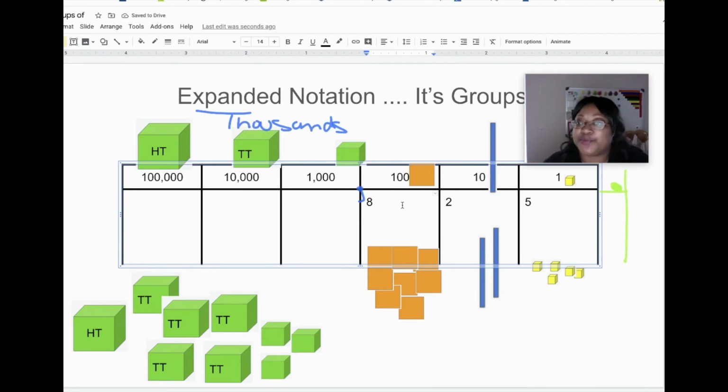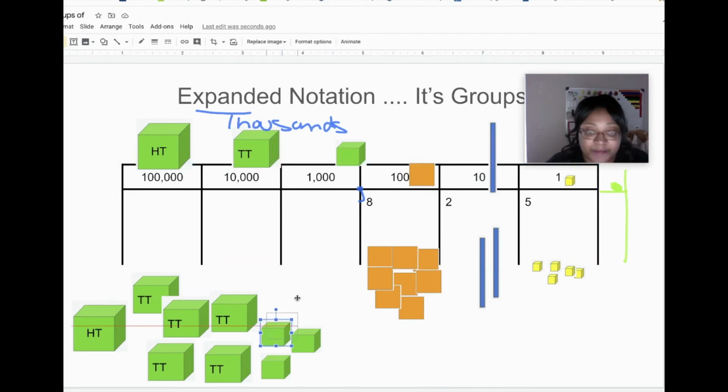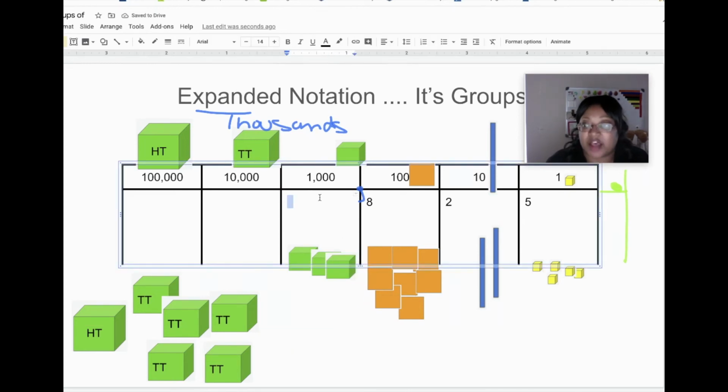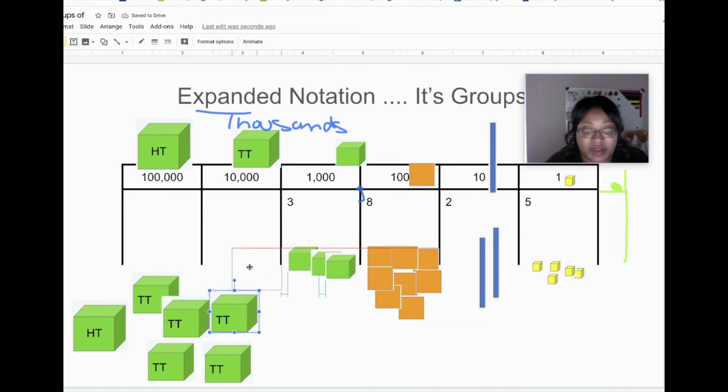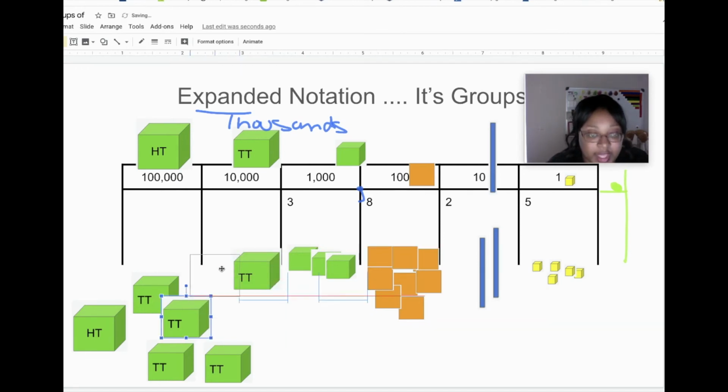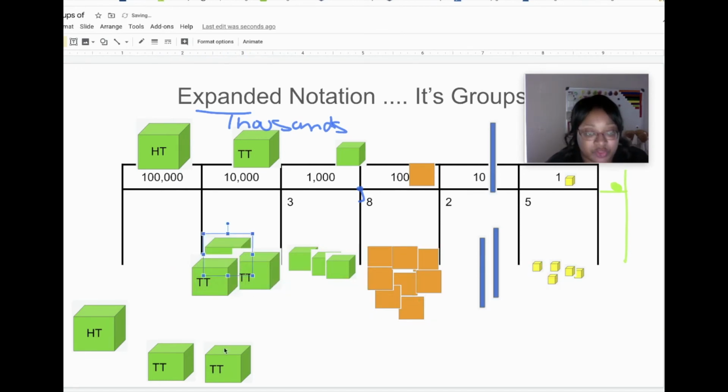Now, how many groups of 1,000 do we have? 1, 2, 3. 3 groups of 1,000. How many groups of 10,000s do we have? 1, 2, 3, 4.